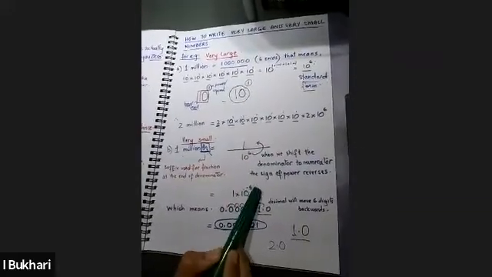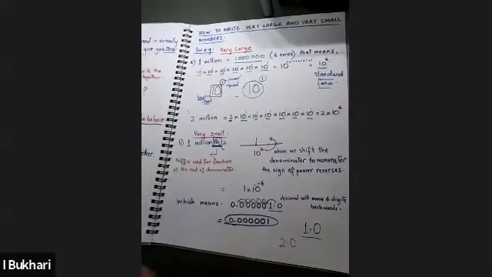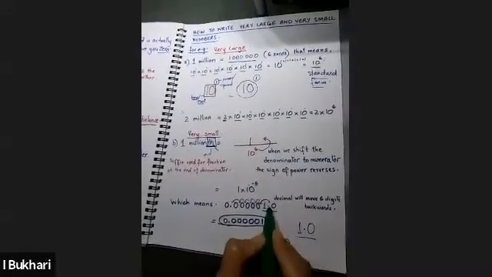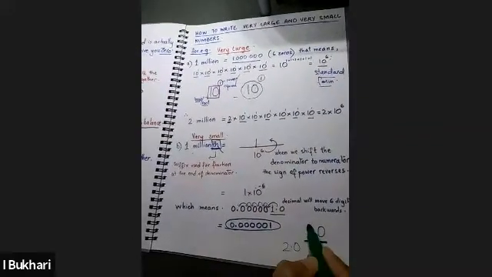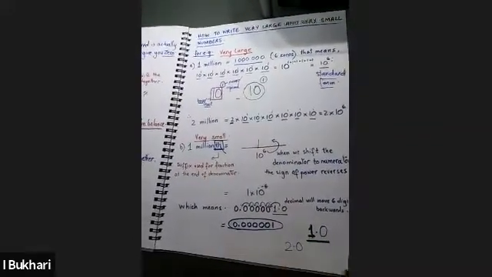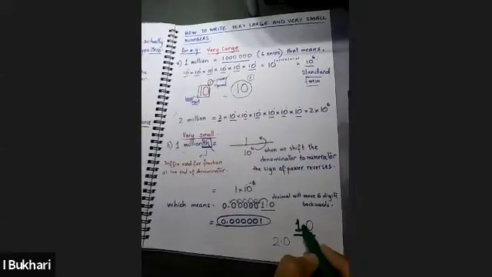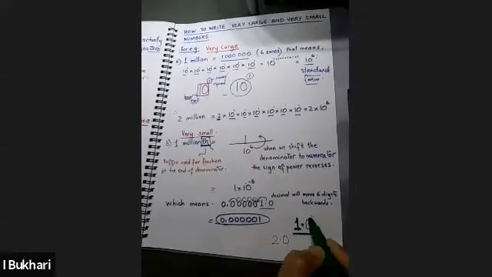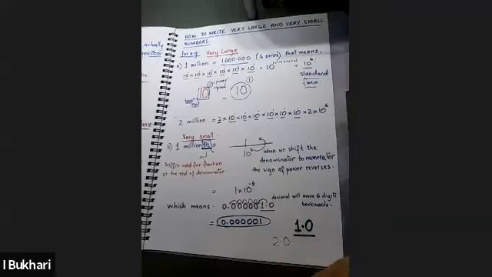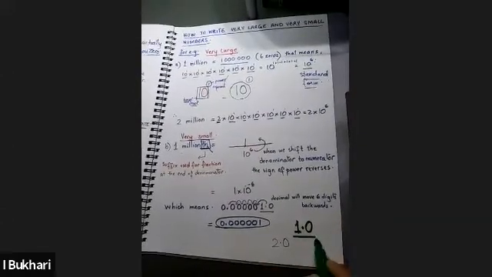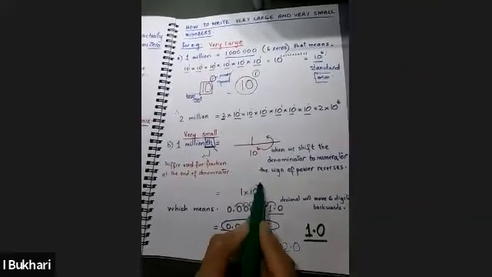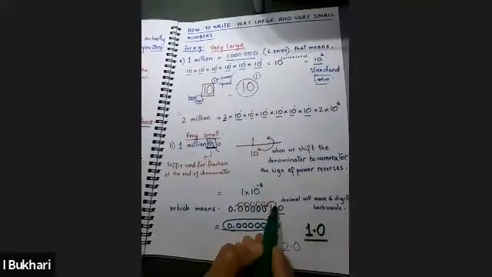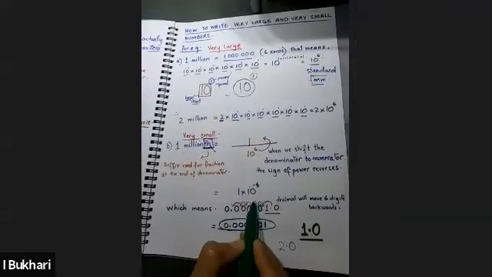Now what does that mean? That just means that you had 1. And I also told you in the last class that whenever we write a number without any decimal, it just means that there is a decimal at the end and then there is 0. This is true in all the cases, but we don't write it all the time, but it's understood, okay? Now, minus 6, meaning that this decimal would jump 6 places backwards.